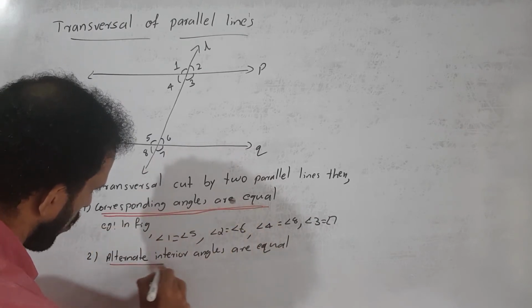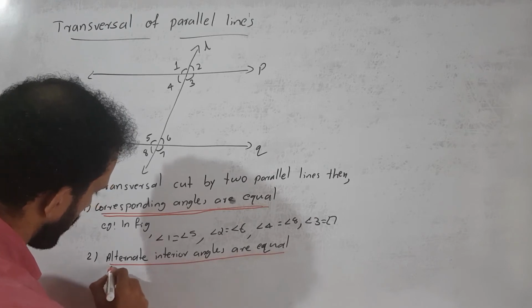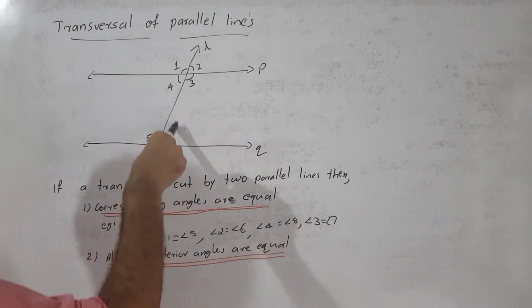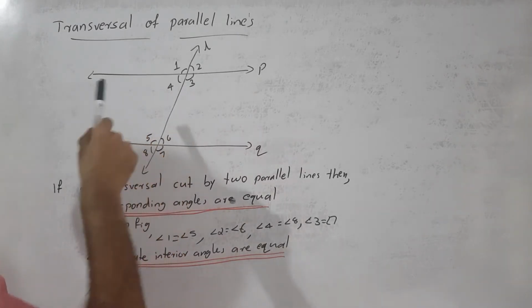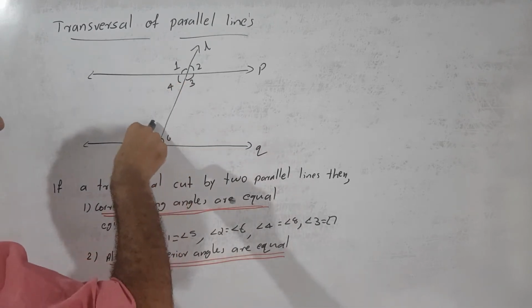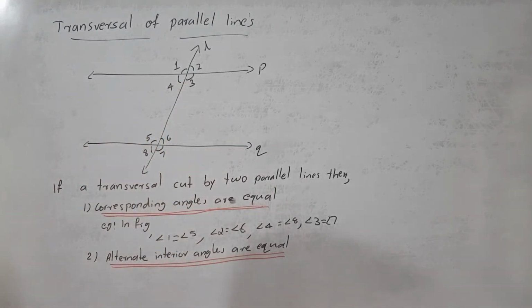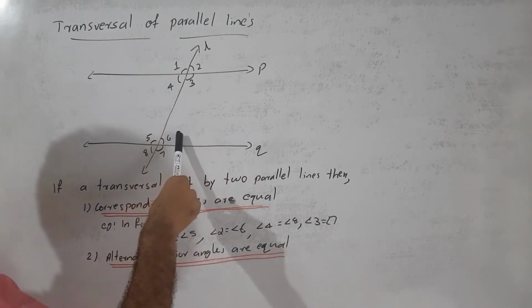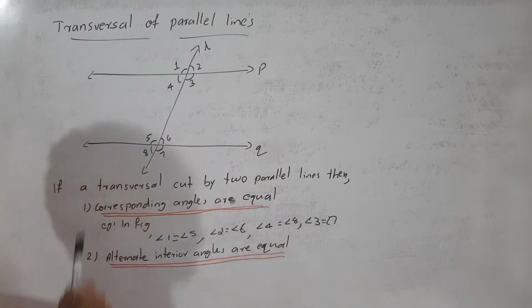The second property is alternate interior angles are equal. Then what are alternate interior angles in this figure? Yes, in the figure, 4, 6 and 3, 5. Correct? Then 4, 6 and 3, 5 are the alternate interior angles in this figure. So the property is angle 4 is equal to angle 6 and angle 3 is equal to angle 5.